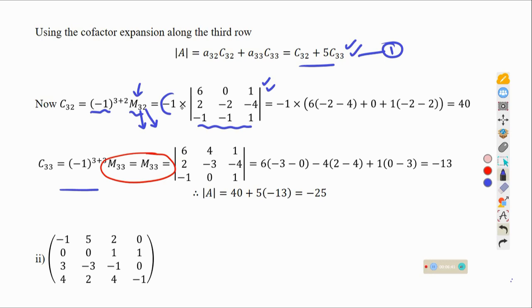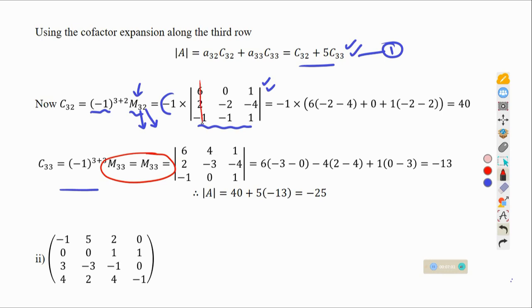So we have to multiply by the determinant of the remaining entries after we have eliminated the third row and second column. And basically, you know how to obtain the determinant of such a matrix. We shall maintain 6 here. Then, after maintaining 6, we shall eliminate.